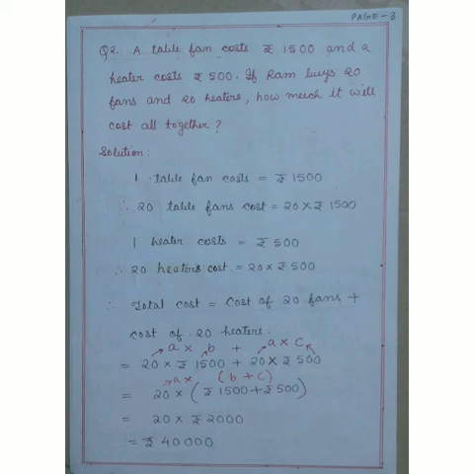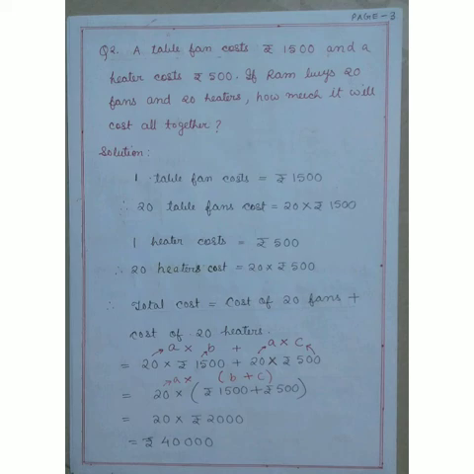Therefore, total cost is equal to the cost of 20 fans plus the cost of 20 heaters. So the cost of 20 fans is 20 into rupees 1500 plus the cost of 20 heaters is 20 into rupees 500.